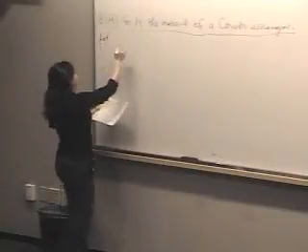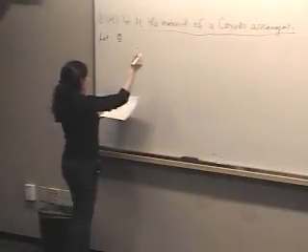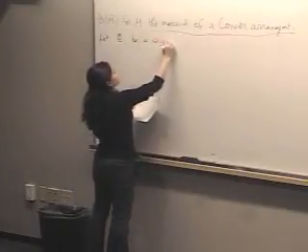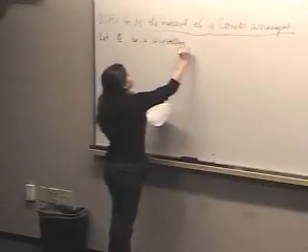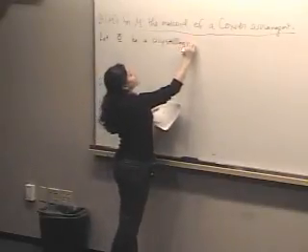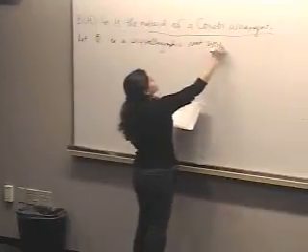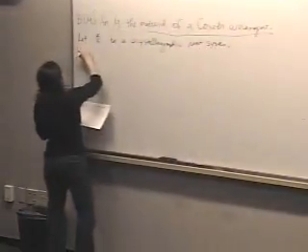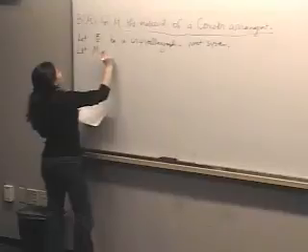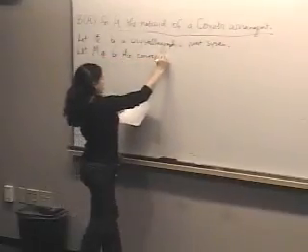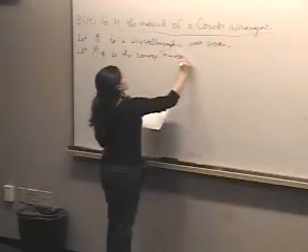But just to set things up correctly, let's let capital Phi be a crystallographic root system, and let's let M sub phi be the corresponding matroid.